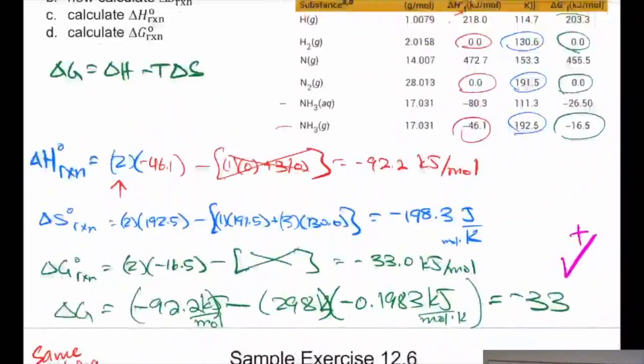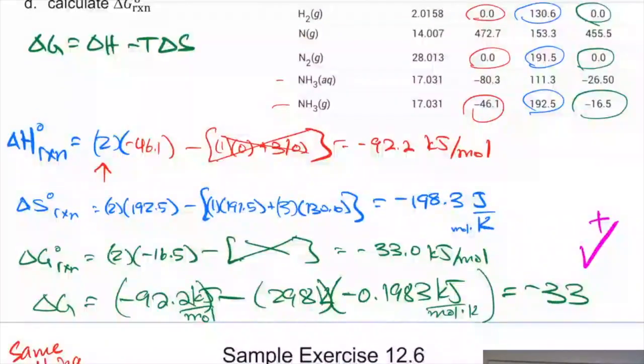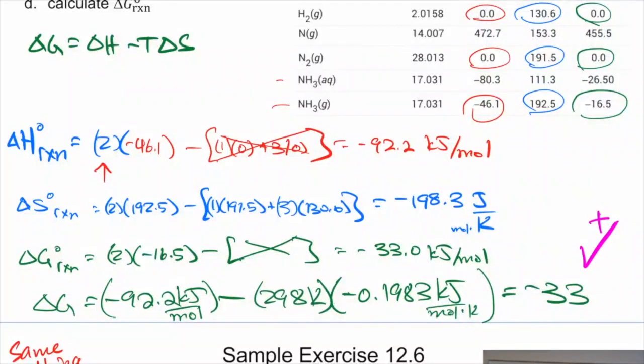I was being kind of sloppy, but yes, the units do cancel. Let me clean this up a little bit. There. So Kelvin cancels with Kelvin, and everything is now in kilojoules per mole. So this is now the units of kilojoules per mole, which is good because that's the units of delta G. Glad you asked, because units are important.